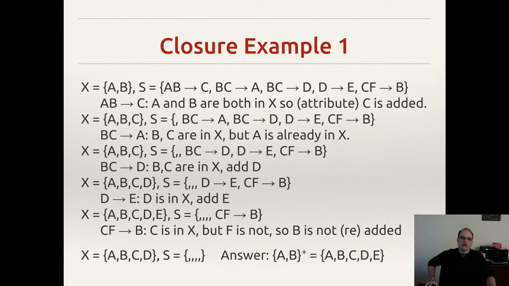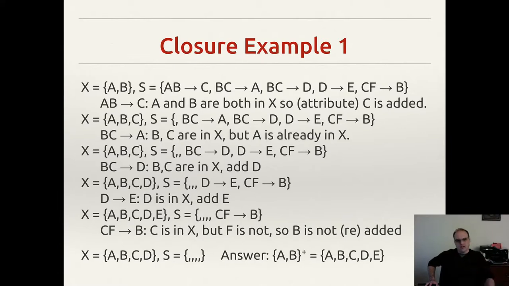What's important here is that, say B had been G, and the initial relation had A, B, C, D, E, F, and G. G would not have been added here either. It's just that B happens to already be in the set. Whatever was on the right side was not going to be added, because F was not part of X, so the left side was not a subset of X.